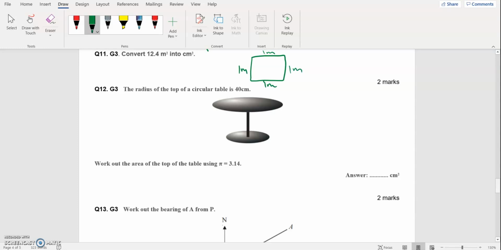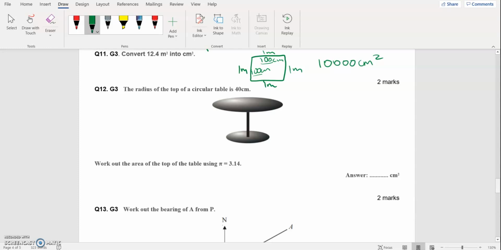What does this mean in terms of centimeters? So 1 meter is 100 centimeters. So this means 100 times 100, which is 10,000 centimeters squared, or squared centimeters.